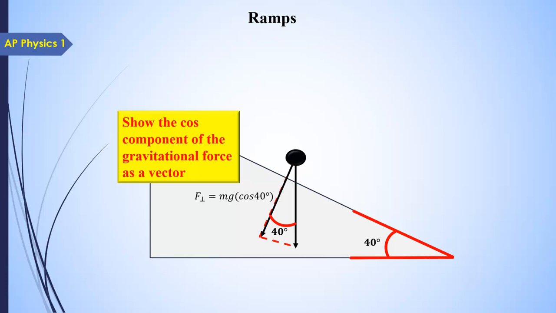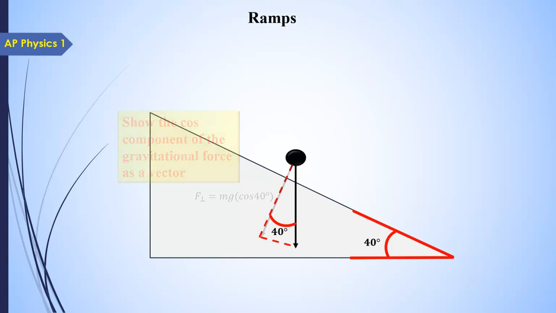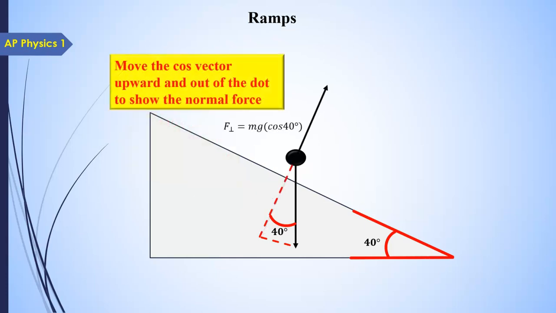It goes down, the force perpendicular to the ramp. That's basically the force of the object against the ramp. But we're interested in the normal force, which is the reactive force of the ramp up against the object. So we're going to remove that vector and draw it up here like this. Move the cosine vector upward and out of the dot to show the normal force.